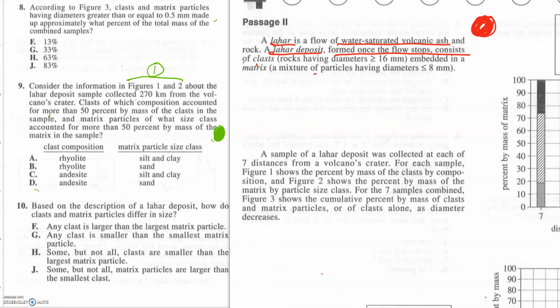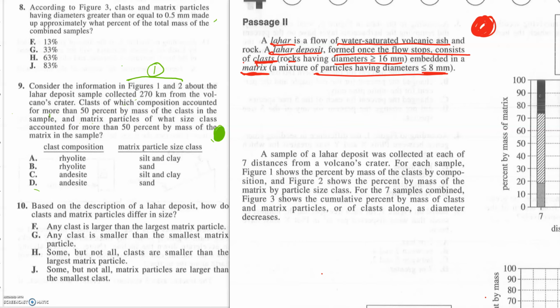Once that flow stops, it consists of clasts, which are rocks having diameters greater than 16 millimeters, embedded in a matrix, which is particles having diameters smaller than that. So that's what the Lahar Deposit is, just in case you didn't look at the earlier questions. But if you did, then you wouldn't have had to reread that because you would have known it from having read it earlier on. All right, so back to the question.